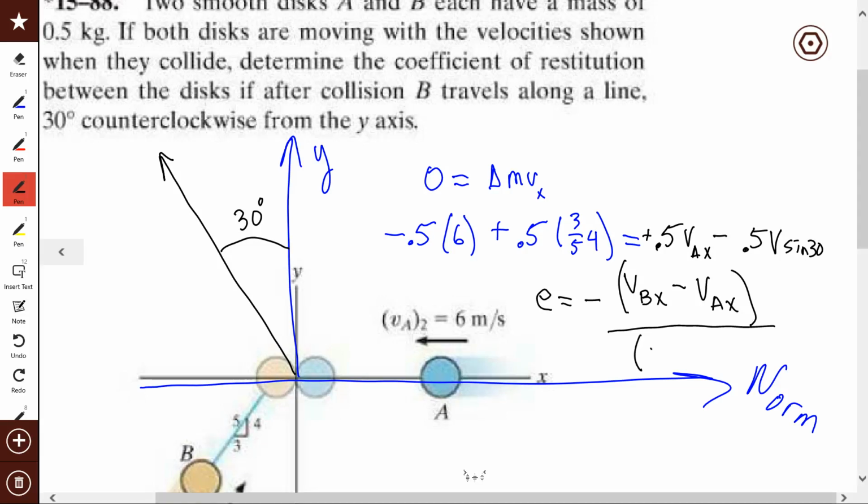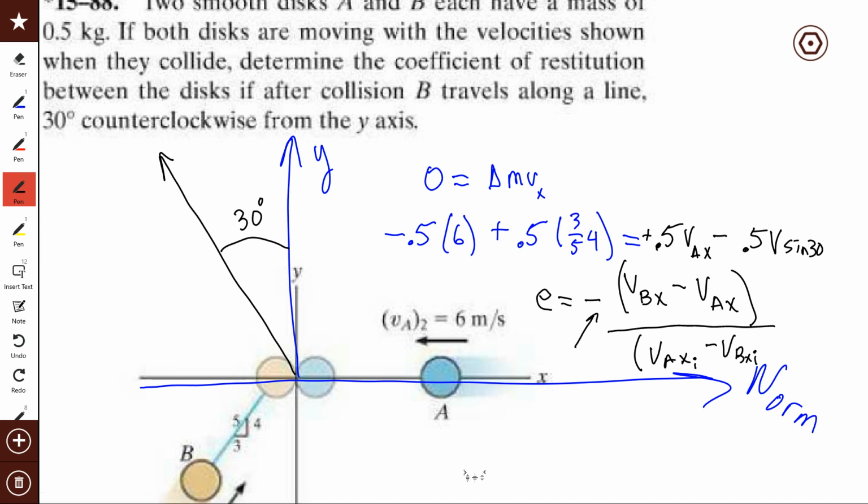Here's what I remember. You reverse them: VAX initial minus VBX initial. What I'm confused about is whether there is a negative. No negative? Okay. Man, I knew I should have read the book before I came to class.